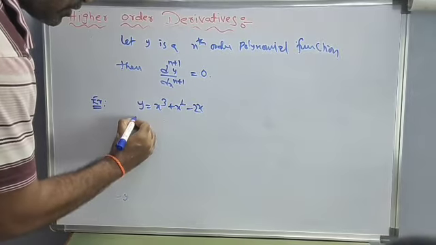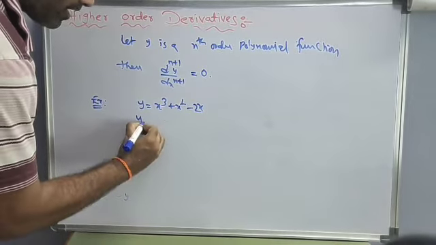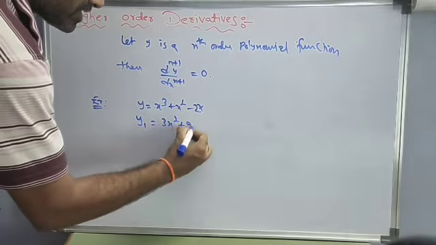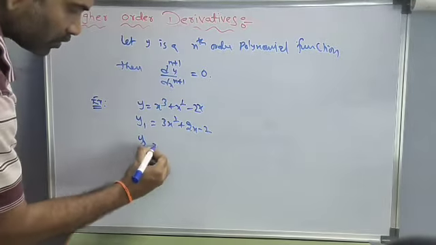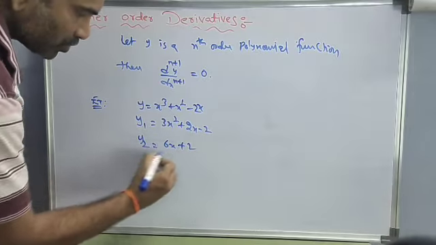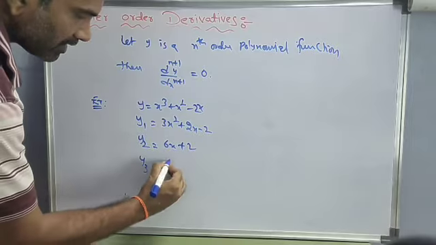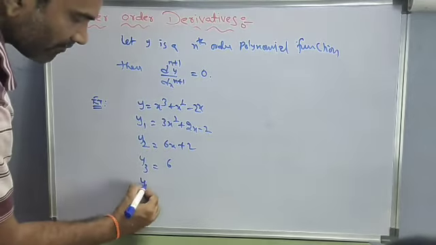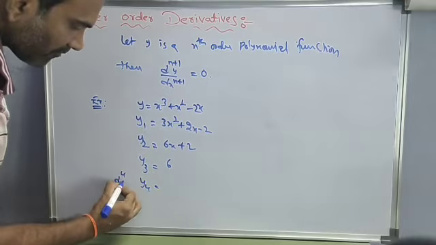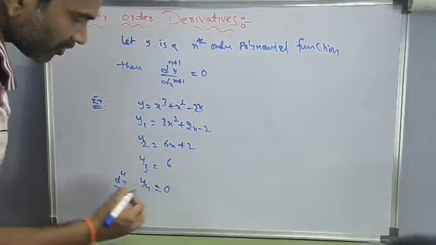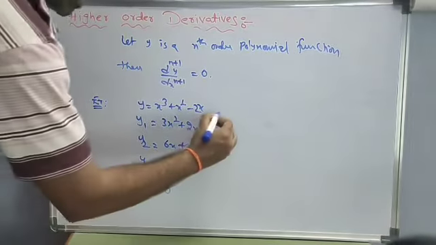The first derivative y1, or dy by dx, is 3x square plus 2x minus 2. The second order derivative y2 is 6x plus 2. For y3, the differentiation of 6x is 6, and the constant value is 0. y4, that means d to the power of 4 y by dx to the power of 4, is 0, since the derivative of a constant is 0.